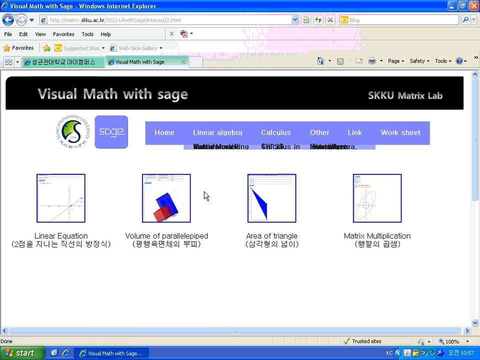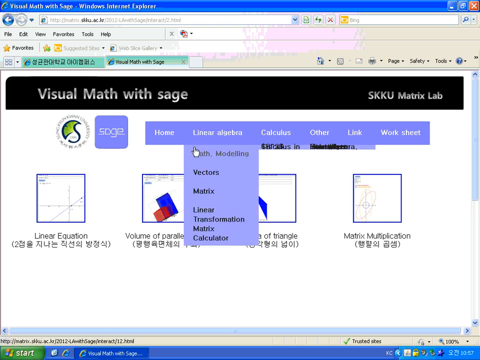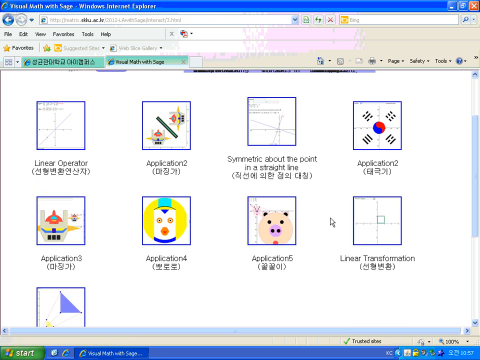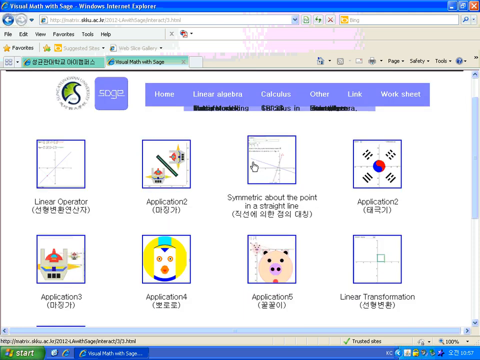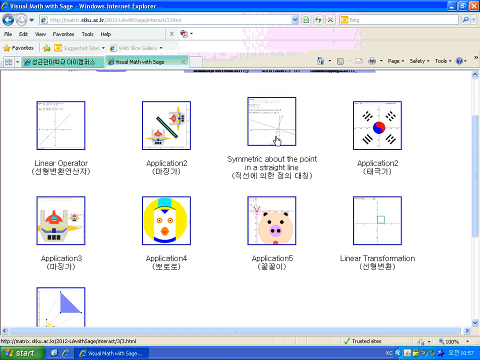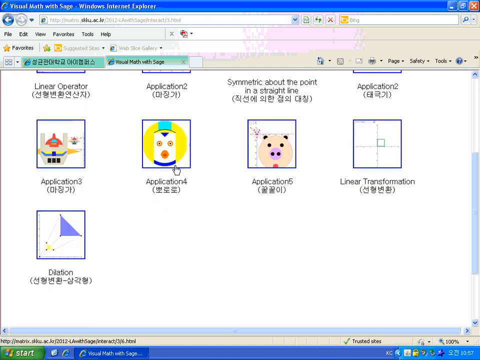For the matrix, you can find the volume of a parallelepiped or the area of a triangle, and the changes of the image when you multiply the matrix. And also you can visualize the linear transformations on many things: rotations and reflections and projections and dilations, and even for those.